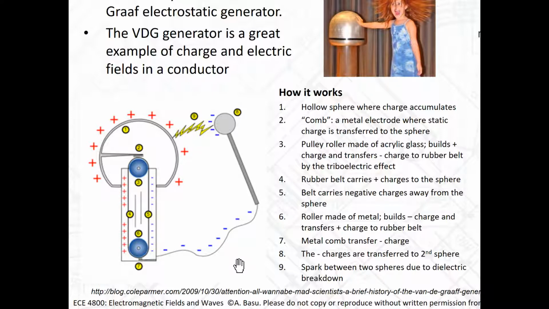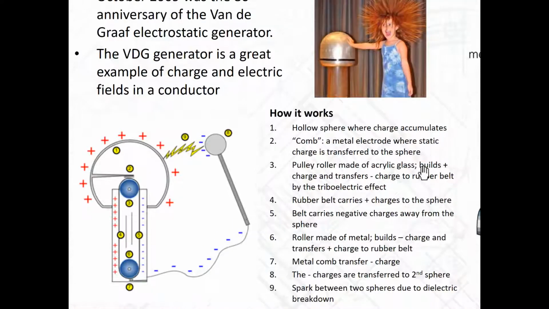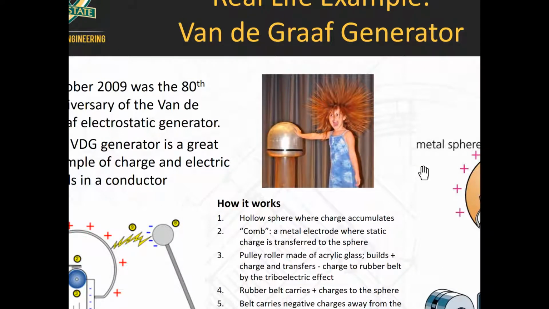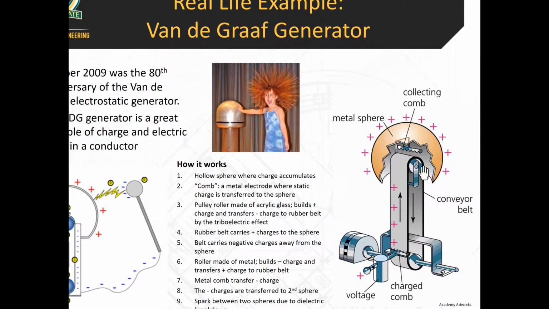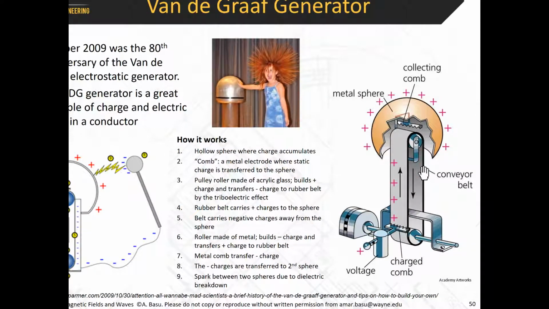So that's how the Van de Graaff generator works, but for the purposes of this class, the thing I want you to mainly know is that like charges repel each other, and so you get a positive charge buildup on the surface of the generator, and then when you touch your hand on it, the charges transfer to you, and the positive charges in your body repel each other, and that's what causes your hair to go up. Any questions about how this thing works?